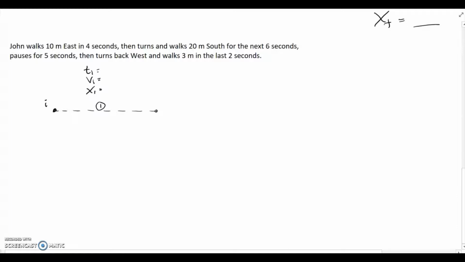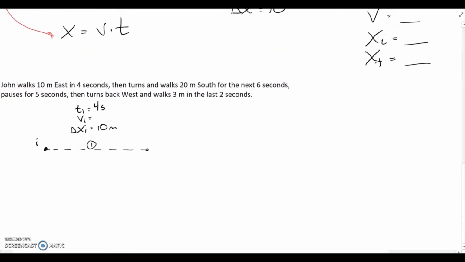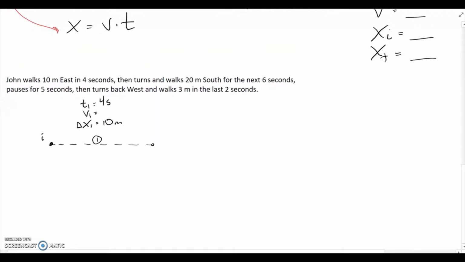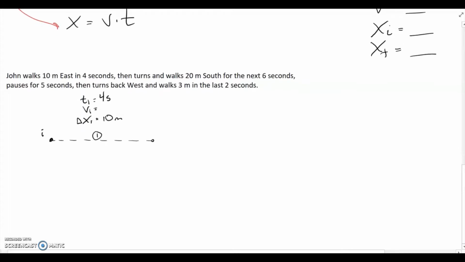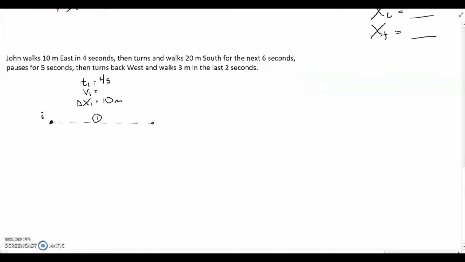Because it's a distance he travels, we can say the displacement, or delta x, is our 10 meters. Our velocity we don't know, but we know our time is 4 seconds, right? Do you see how we set up that same table? What we've done is basically said x initial is 0, and x final is 10, which gives us a displacement of 10. And because we only have 3 things, we can solve for v.